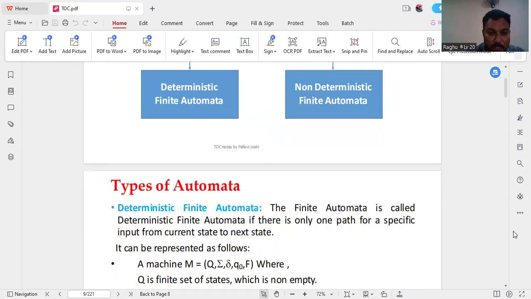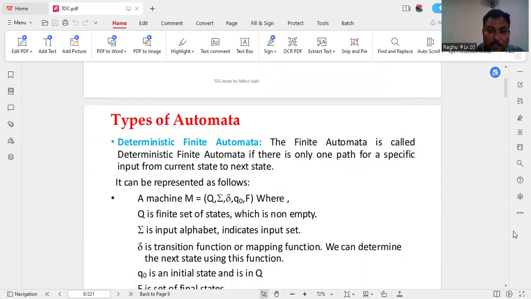So coming to the deterministic finite automata, a finite automaton is called deterministic if there is only one path for a specific input from the current state to the next state. If we take, for example, sigma equals a comma b, and I make the transitions from Q naught with a and with b, it means there is only one specific path from Q naught with a and Q naught with b.